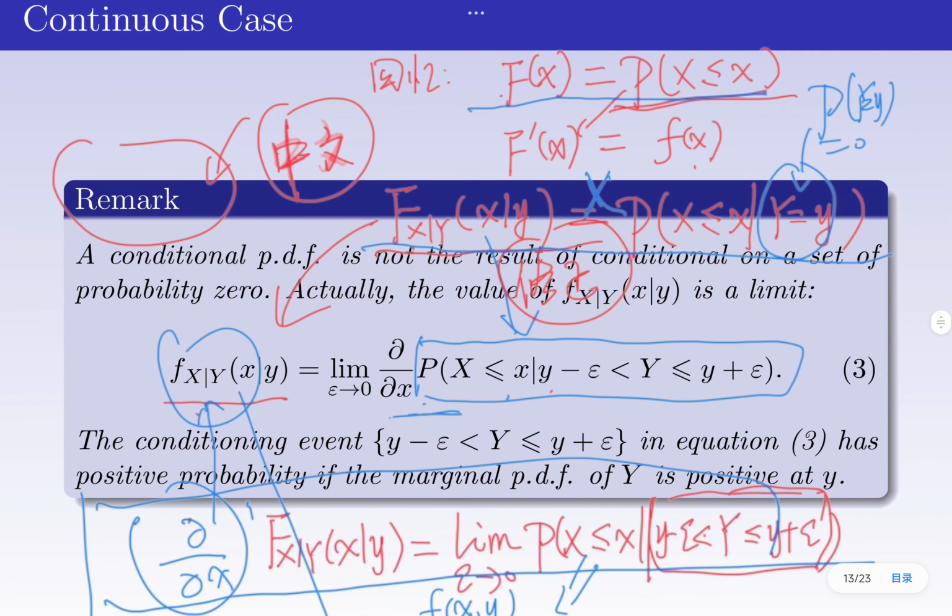And this is also a remark: conditional is not the result of conditioning on a set, actually it is a limit. The conditional event is possible if the marginal density function of y is positive. Okay, a little bit tricky, mixed up.